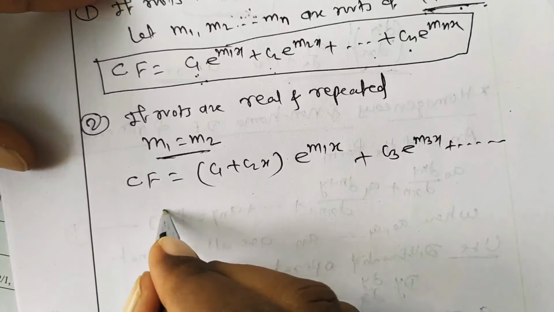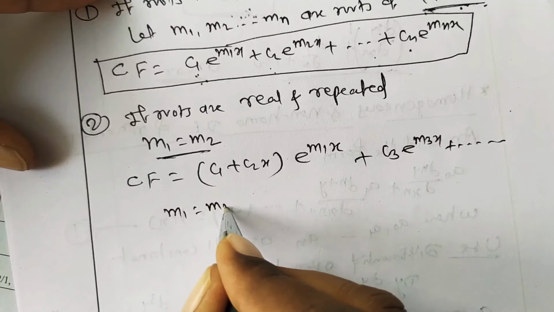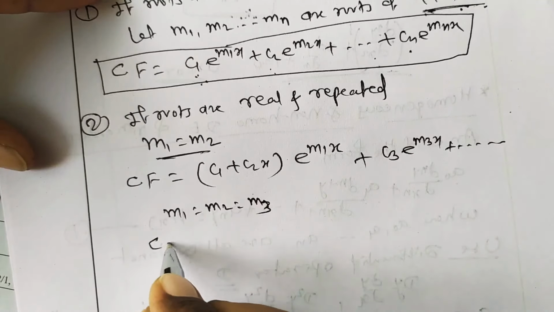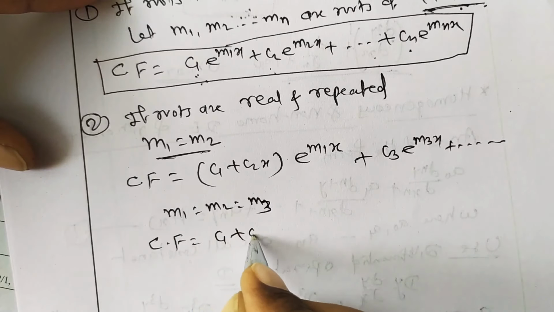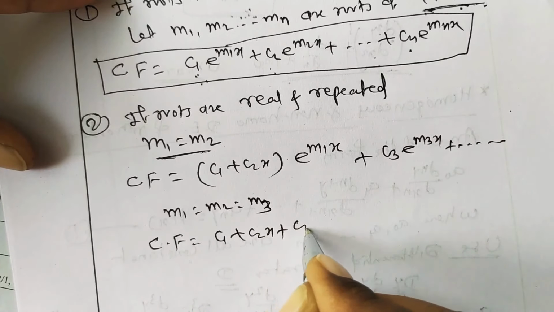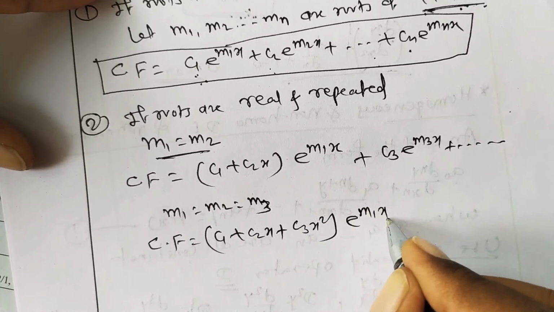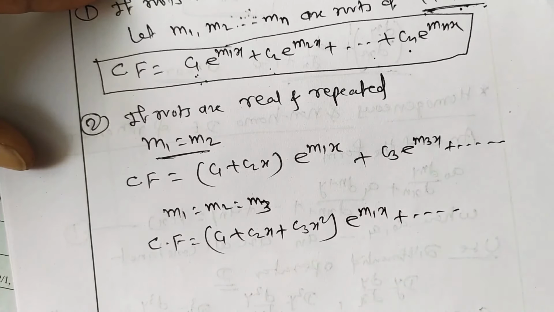Suppose the first three roots are repeated, that is m1 equal to m2 equal to m3. Then we can write CF is equal to (c1 plus c2x plus c3x square) into e raised to m1x plus so on, plus terms for the remaining roots.